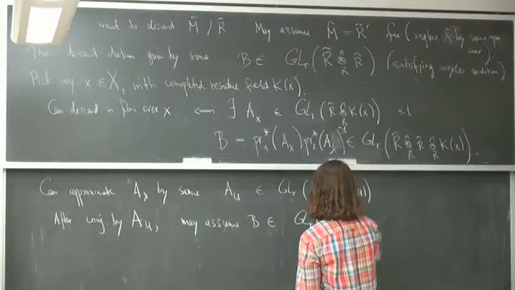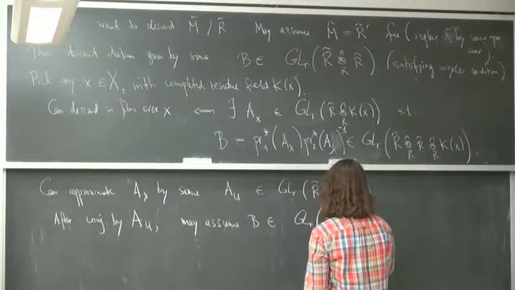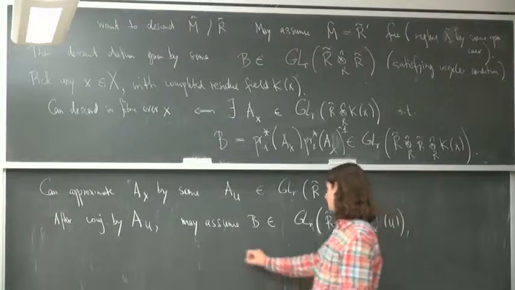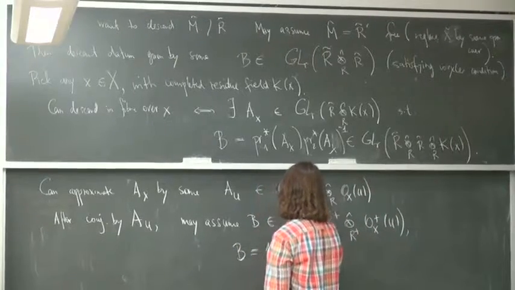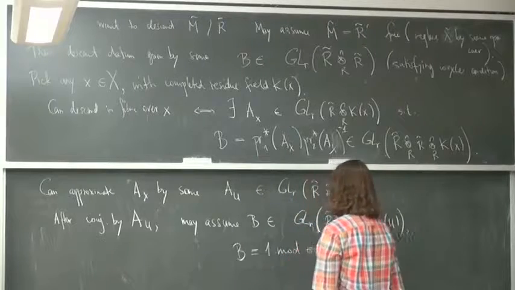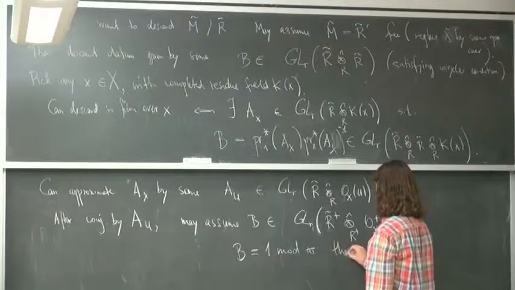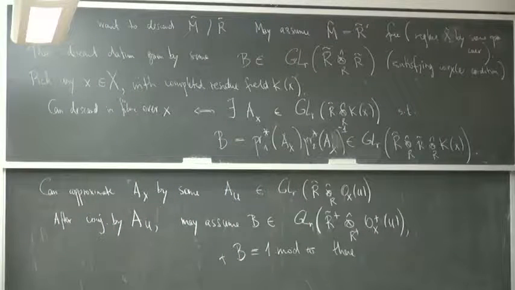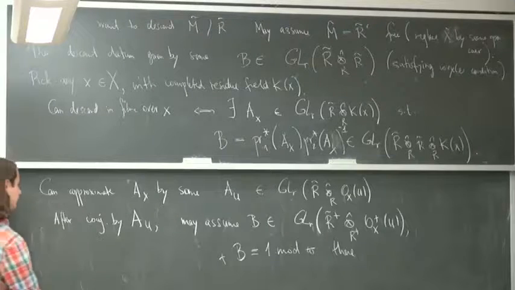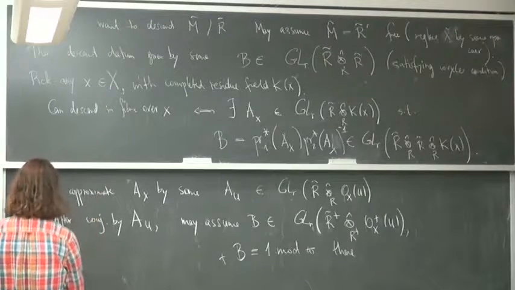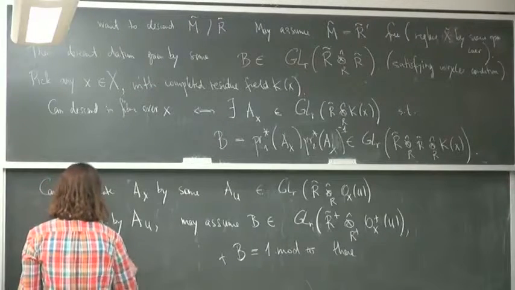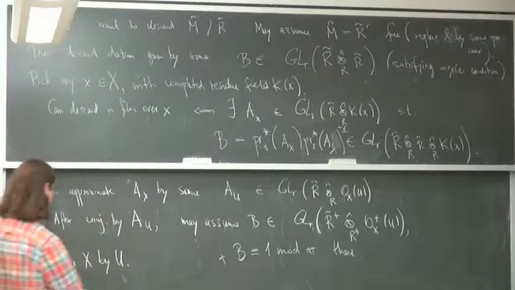So we can ensure that it lies in this guy, or X^+(U), and maybe even that it's congruent to 1 mod some pseudo-uniformizer pi there. And so we are allowed to work locally, so we may replace X by U. And so we can assume that B has these properties to start with.